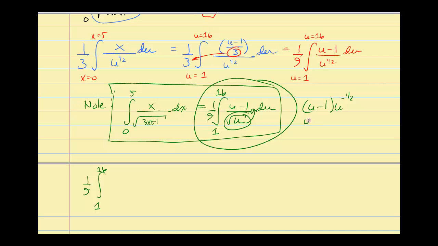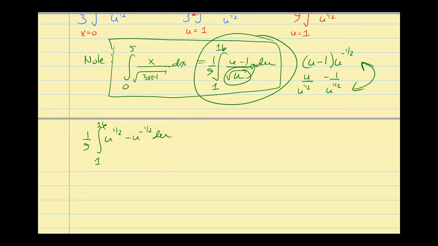Or I could think of this as u over u to the 1/2 minus 1 over u to the 1/2. Either way, when I rewrite that, I get u to the positive 1/2 minus u to the negative 1/2 du. So it doesn't matter which way you choose to rewrite it. Algebraically, these are the same.